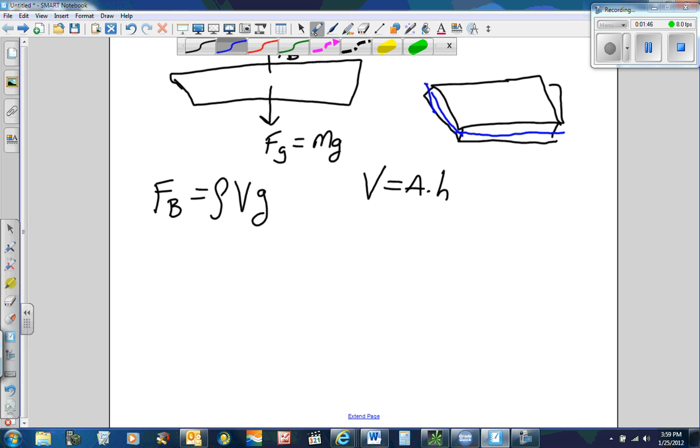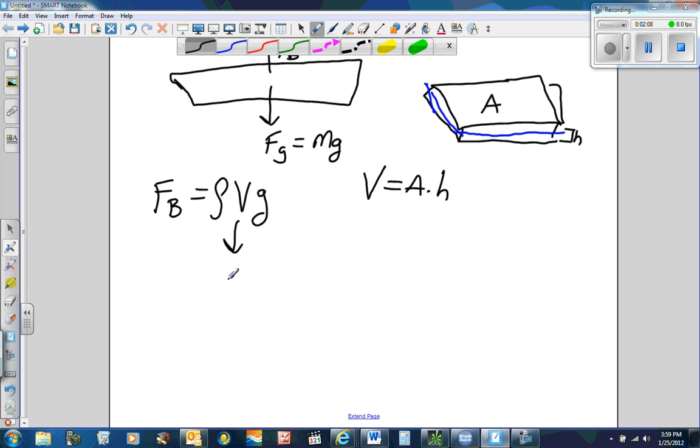And if we look at that, the area is here, right? And then how far it sinks into the water is h, and area times height would be the volume under the water. And so that's what we want to replace right here.